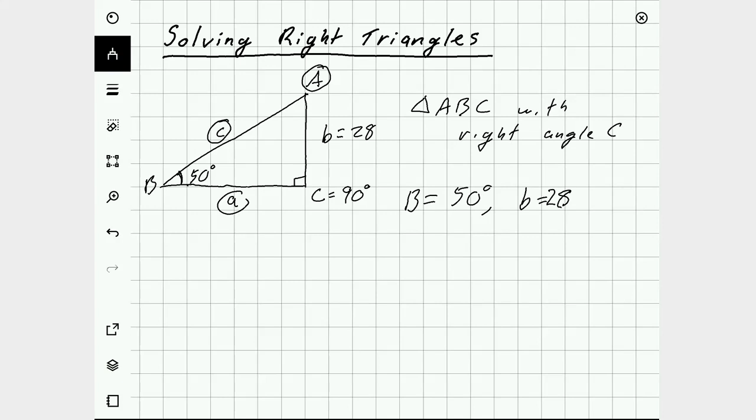Finding angle A is certainly the easy part, because I know that A, B, and C together have to be 180 degrees. The three angles of a triangle total to 180.